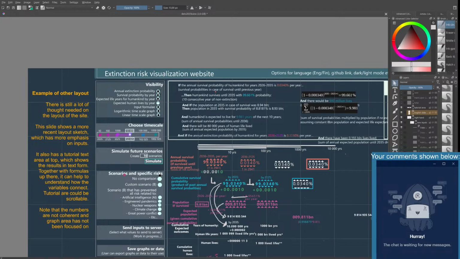So if we lower this population, and I'm gonna have another layer here for this kind of like cumulative existence.